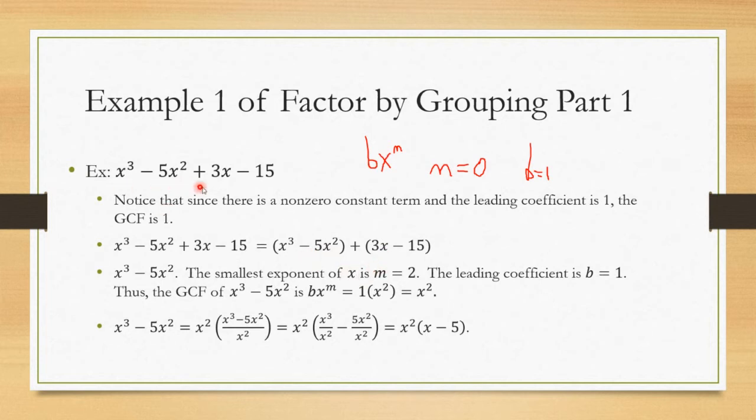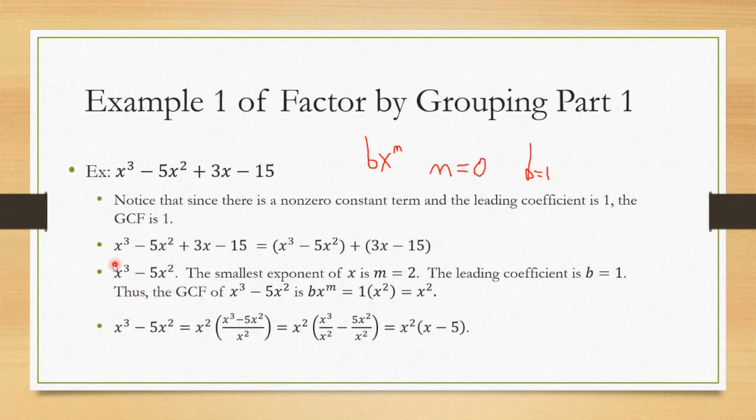So again, this is the polynomial we began with. Let's factor out the GCF. We got the GCF to be 1, so really we don't factor out anything. Now we have 2 groups of 2, as you can see. Now each group we're going to factor individually.